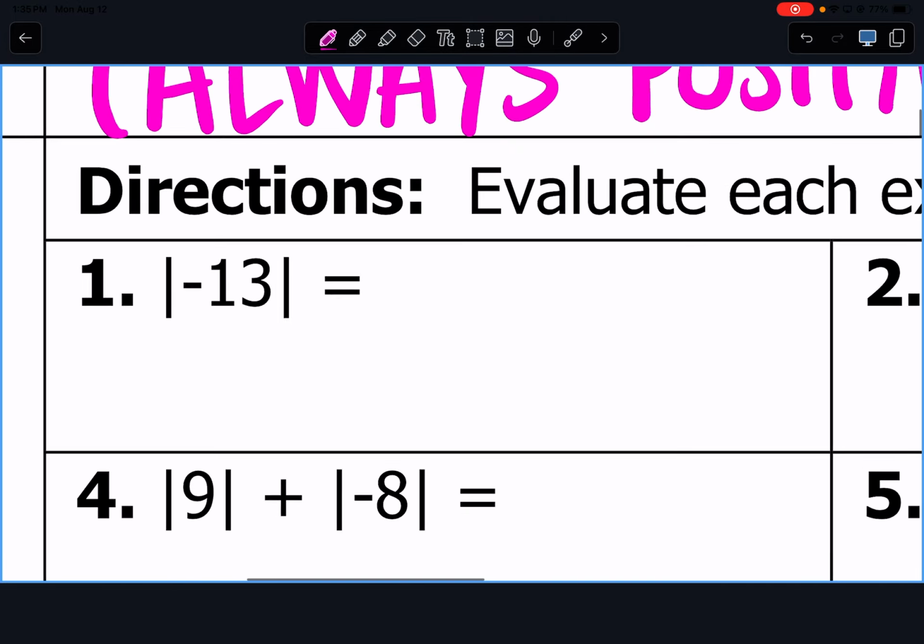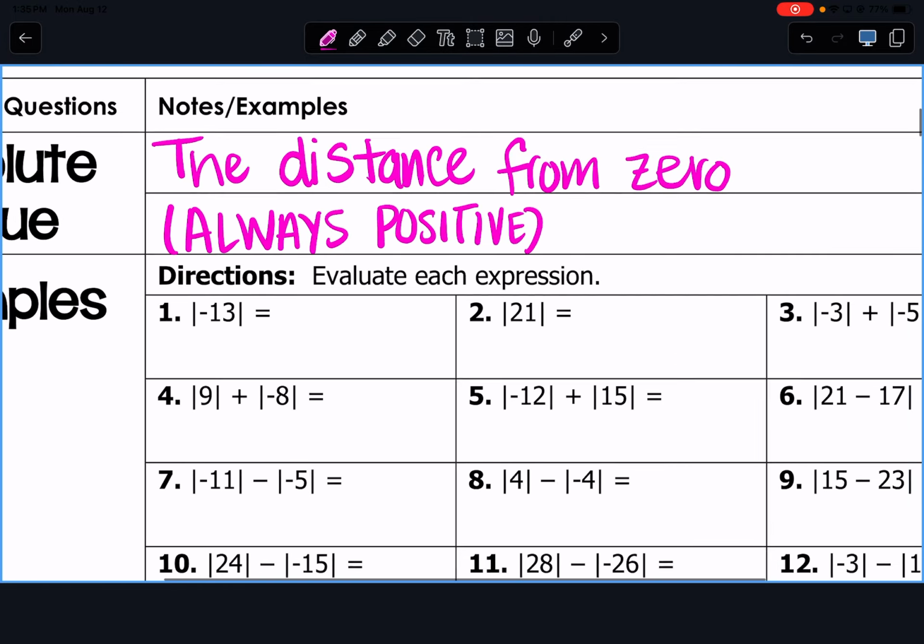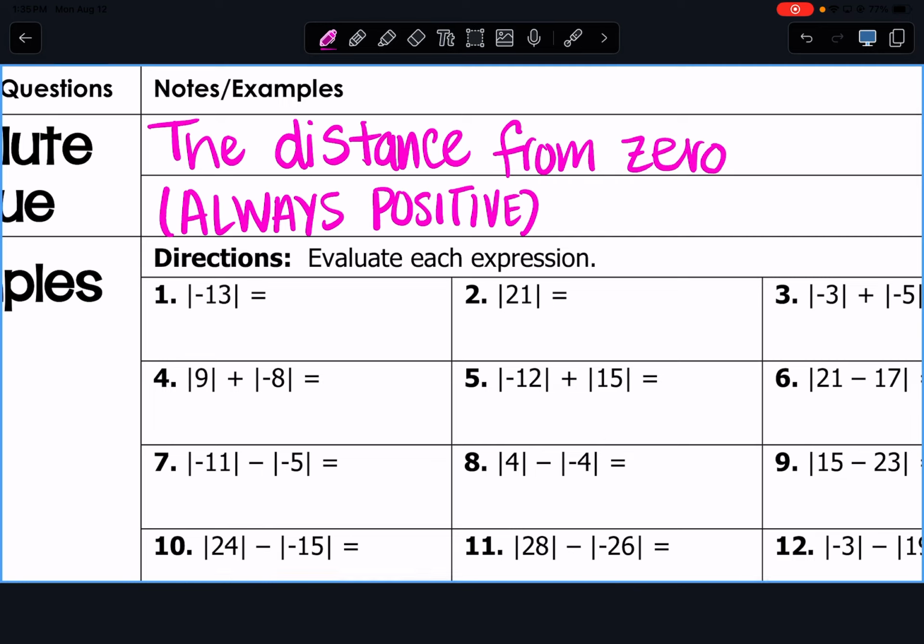Start with 1. Or do y'all need a second to write that? 'Cause I can. What is the absolute value of -13? 13. What's the absolute value of 21? So we've answered those two already.